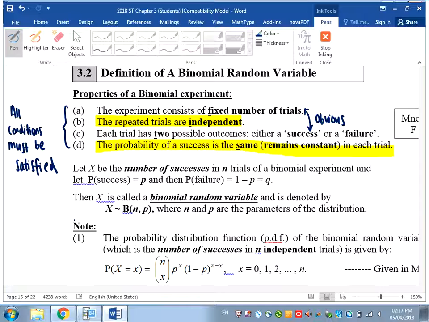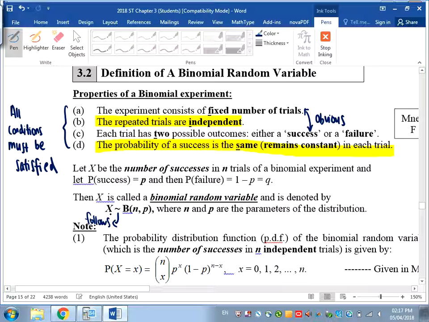After we write down this statement, you need to write down the binomial notation, which is this. X follows a binomial distribution. Number of trials is n. Probability of success is p. So the notation is as follows. This symbol here represents follows.